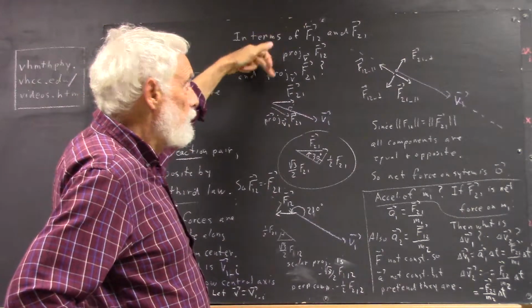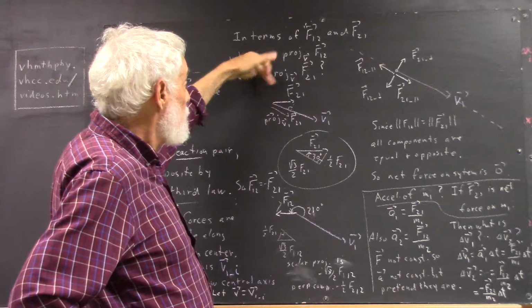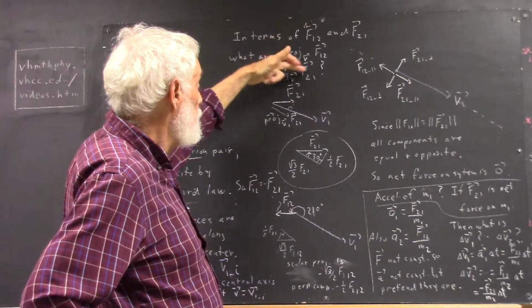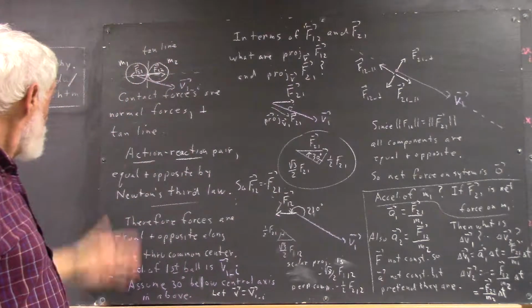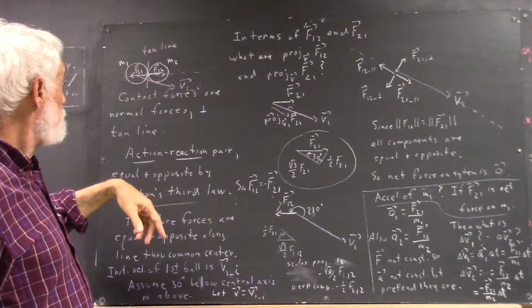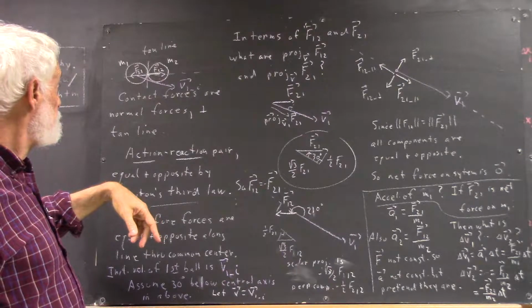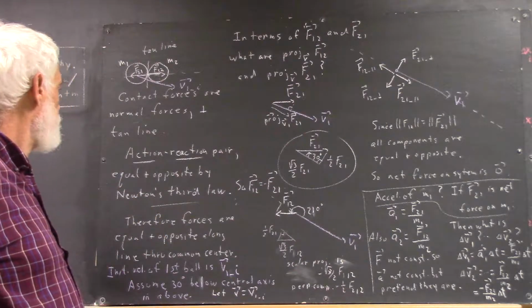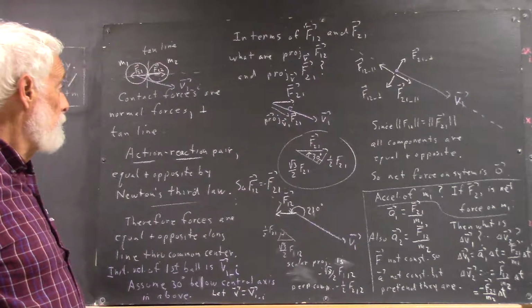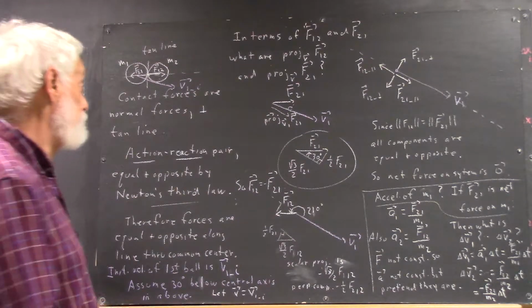So again, what are these two projections? The projection of F12 onto V and the projection of F21 onto V, according to this picture. Well, I labeled it exactly backwards, so I'm going to fix that.